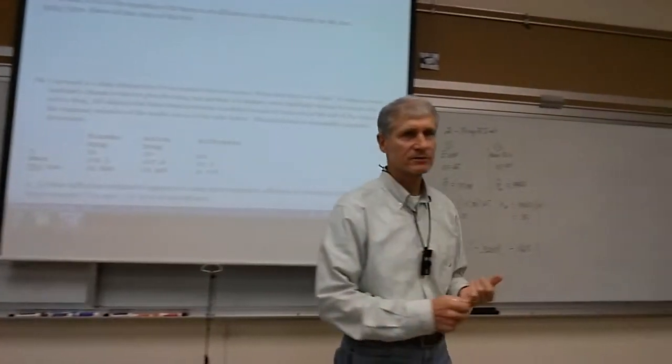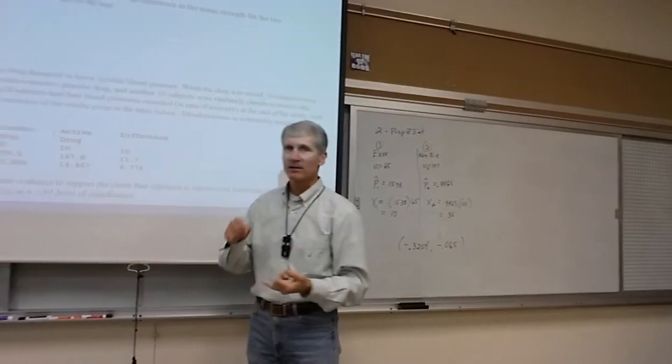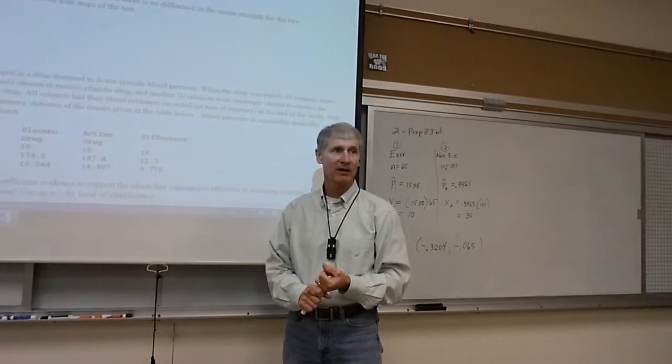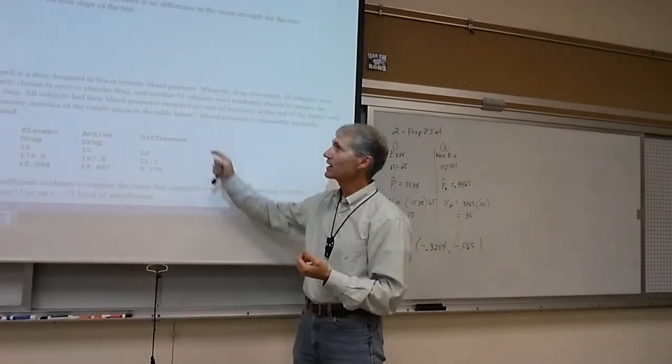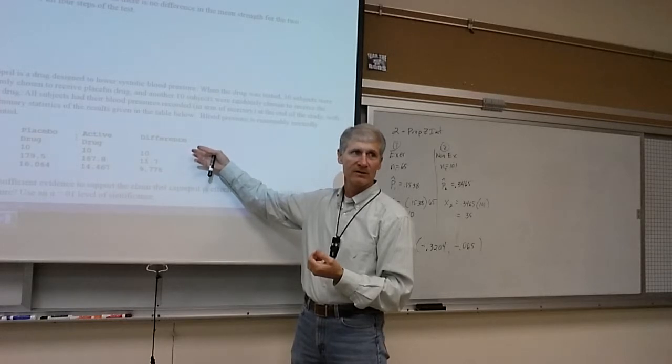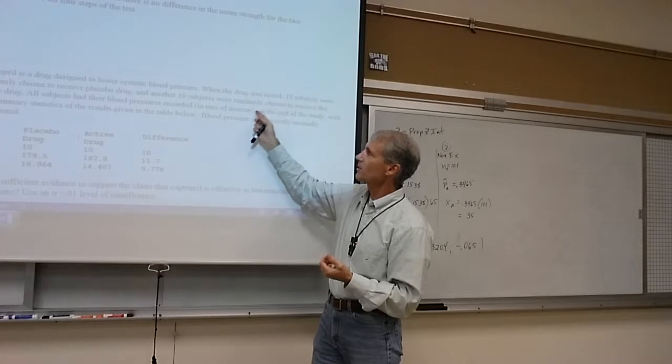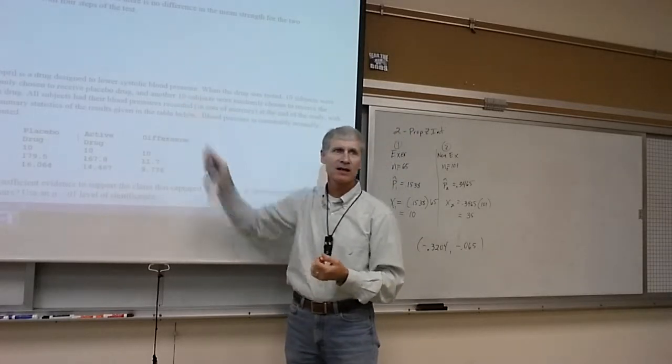Means or proportions? Means. One sample or two? Two. Independent or paired? This one, they're independent. How do you know? Because 10 subjects got placebo and another 10 got active.